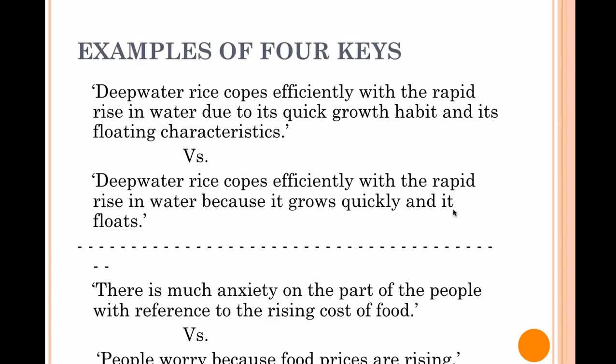Another example: "Deep water rice copes efficiently with the rapid rise in the water due to its quick growth habit and its floating characteristics" is better written as "deep water rice copes efficiently with the rapid rise in the water because it grows quickly and it floats." Similarly, "There is much anxiety on the part of the people with reference to the rising cost of food" can simply be written as "people worry because food prices are rising."